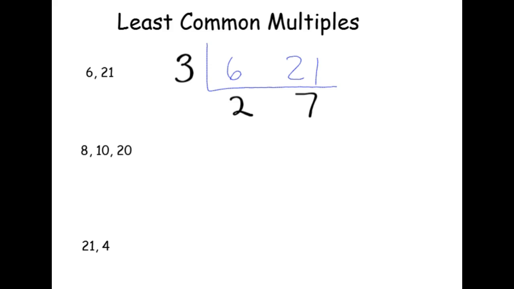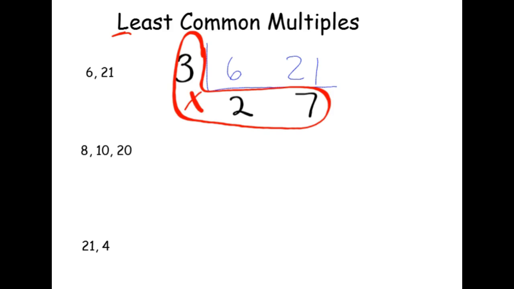Since they don't, that means we're finished. And what we're going to do is circle right along this L. Least common multiple, you're looking at the whole L. 3 times 2 is 6, times 7 is 42, and 42 is the least common multiple for 6 and 21.